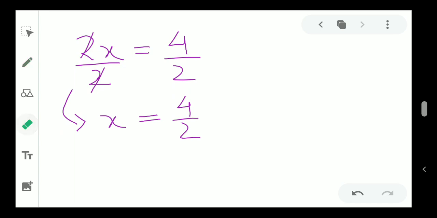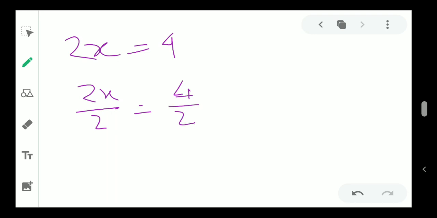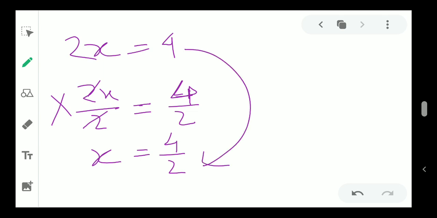So I'm writing it all together, I have just meshed it. So basically if we ignore this middle step, from this we can directly come to this step.